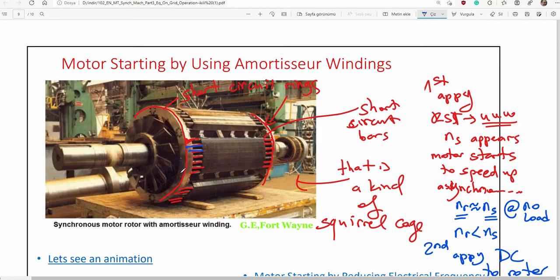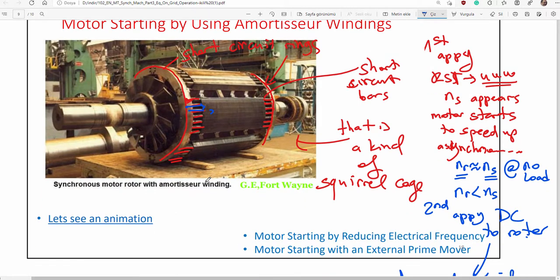In such a case, there will be some currents here, and those currents induce some reverse torques or forces to damp the oscillations, and that usage is called damping, amortisseur action. We have already discussed damper windings earlier, the main operating principle, how it operates, how it damps the oscillations. We have already learned this.